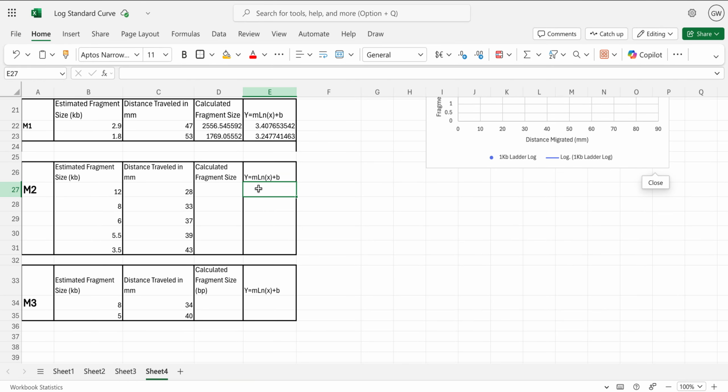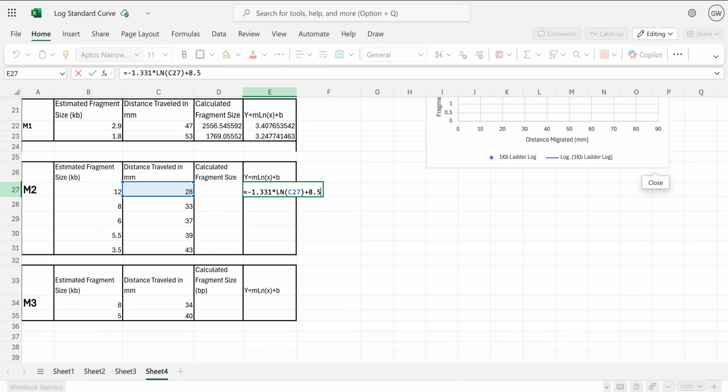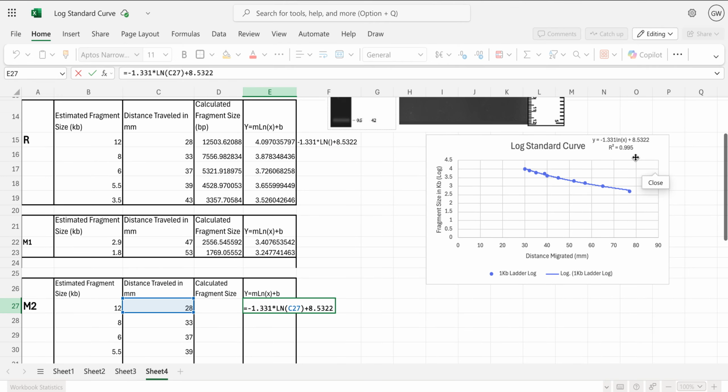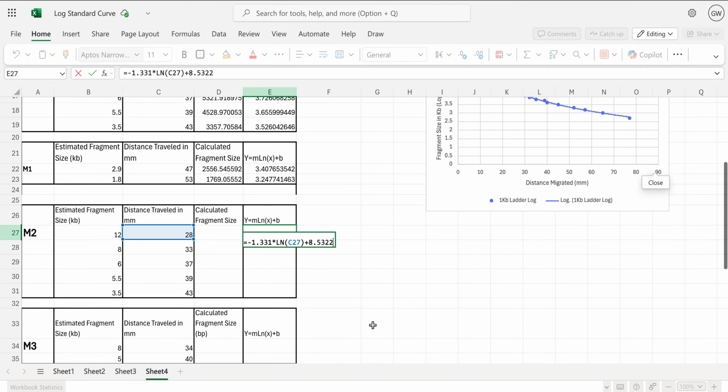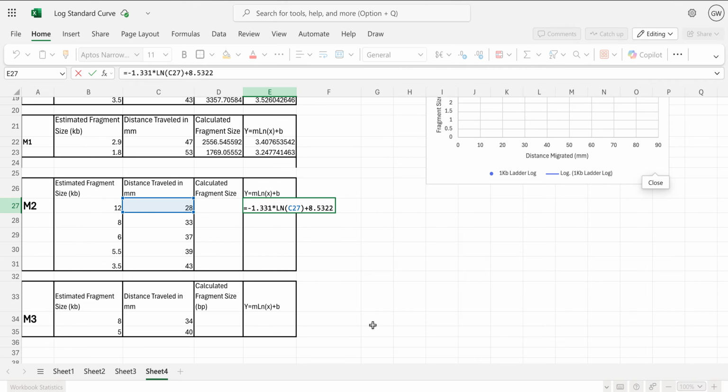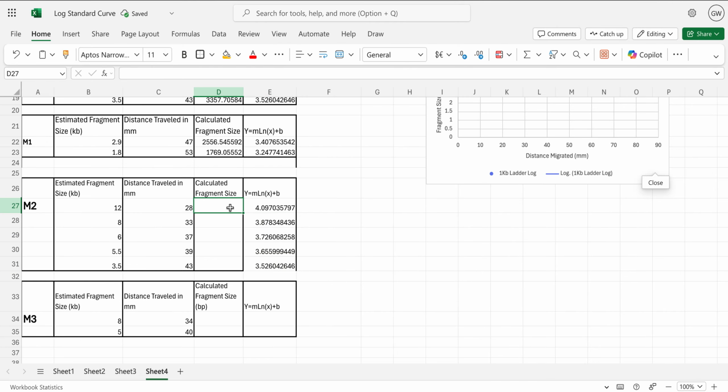Okay, for the next one, equals negative 1.331 times ln of the distance traveled in millimeters plus 8.5322. And remember, we're getting this equation from our log standard curve. Bam. Another value, drag that down, equals 10 to the value right there.